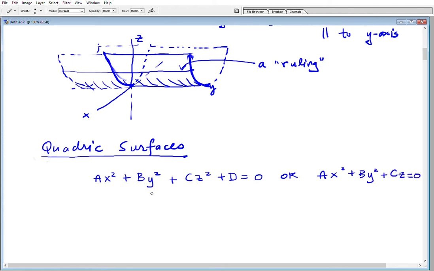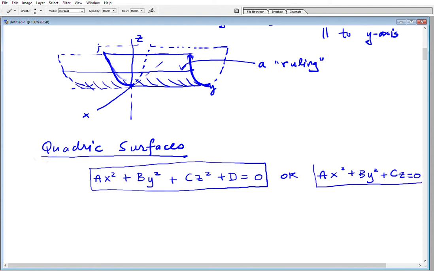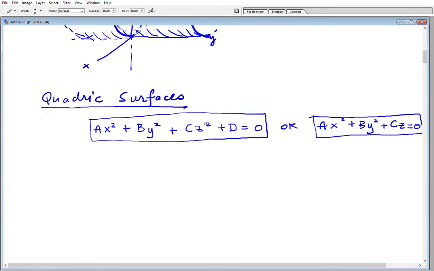So these are quadric surfaces. These are centered near 0, 0, and those are the ones we're going to look at. We're not going to look at ones that are translated away from 0, 0, because then we would have many, many more terms. Okay, so we're only going to look at quadric surfaces of this or this form.